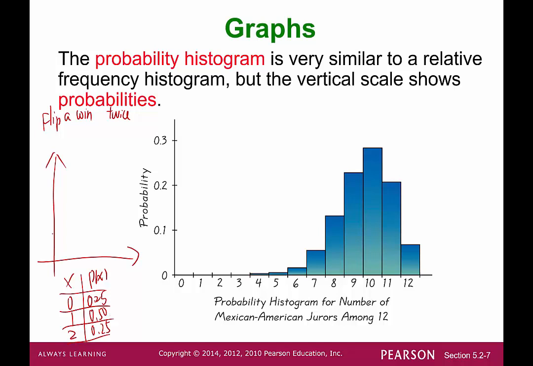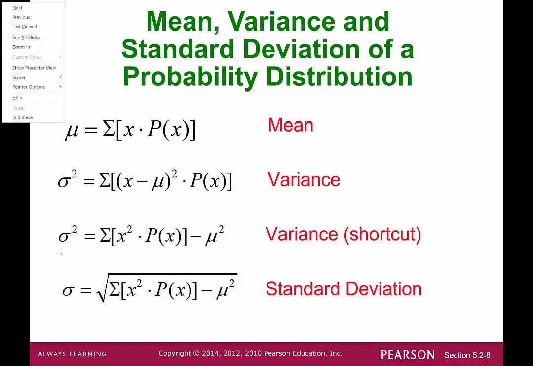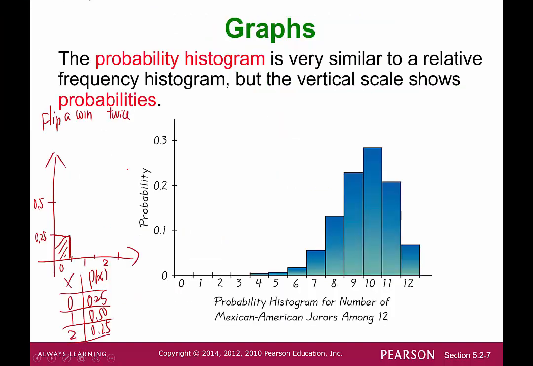Let's say this is 0.25, this is 0.5, and we have 0, 1, and 2 on the axis. The first one is a rectangular box like that. The second one is a rectangular box with the maximum probability following on the rectangular box. That's how we construct the probability histogram.